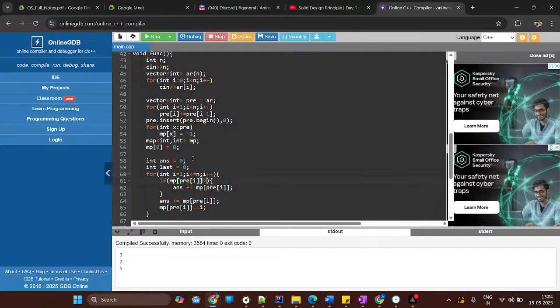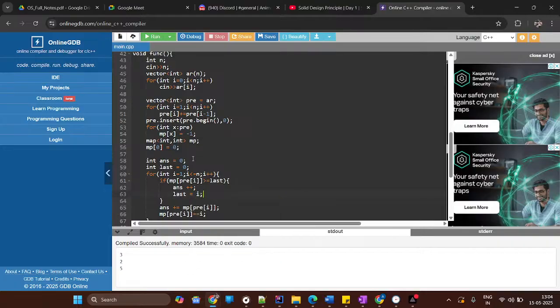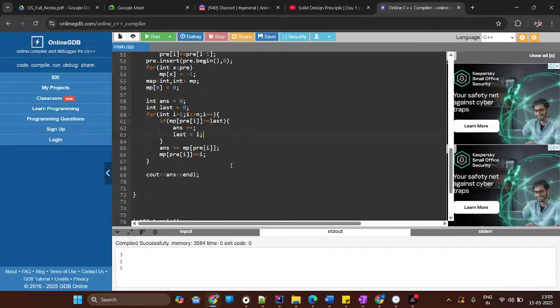So if I check if it is greater equals to last, then only I do answer plus plus, and then I update my last. But what if it is not? I do have to do the lower line. It's not last, I just tell it that this is I now. And then I don't do anything, I go forward.